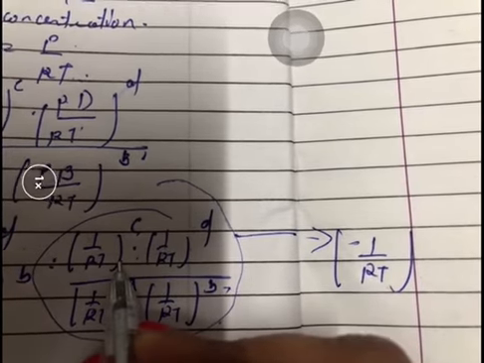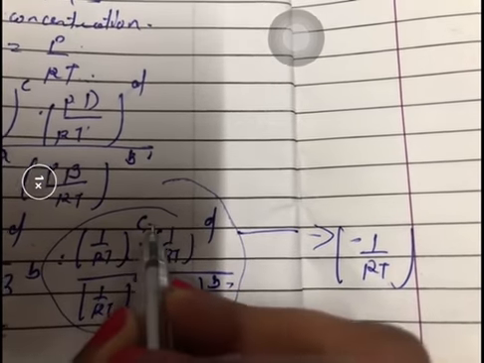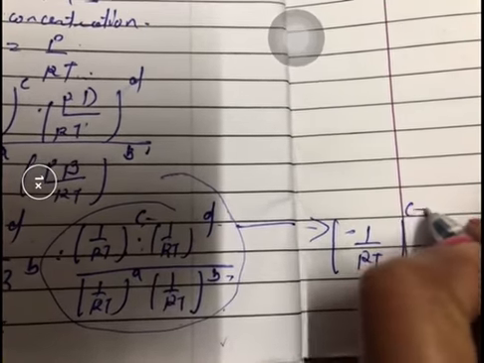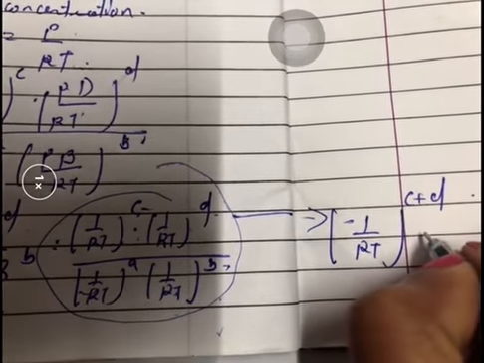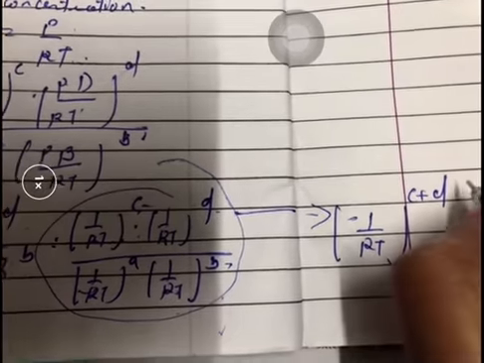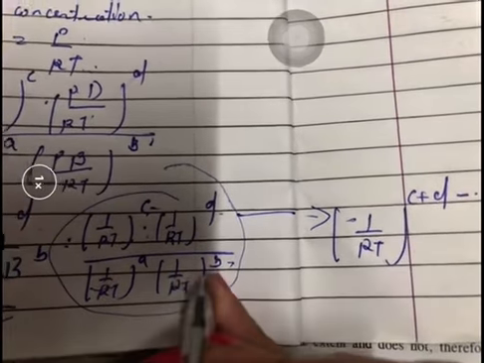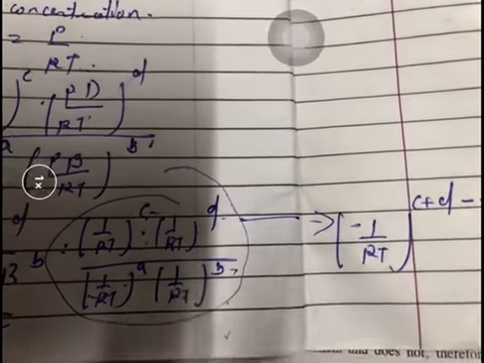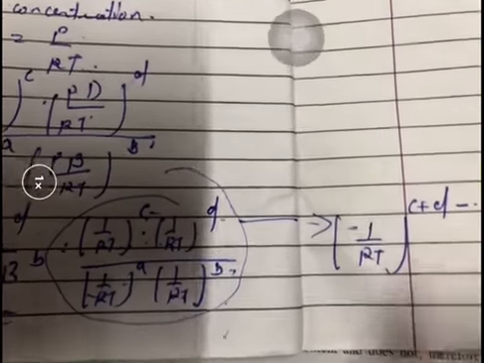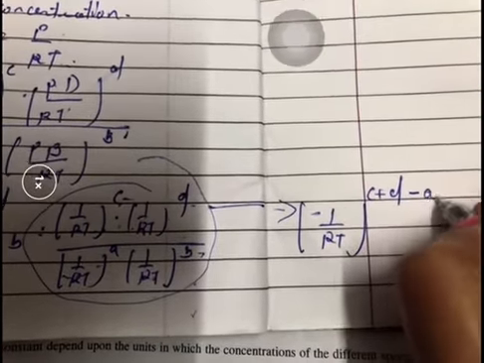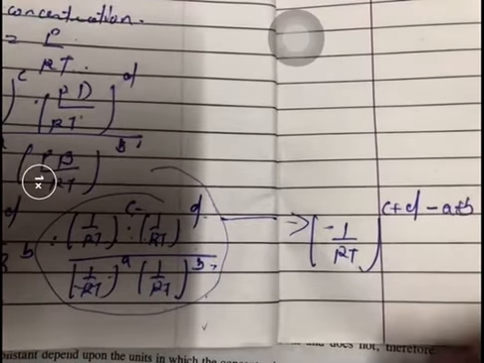For same terms in multiplication, I have to do addition, c plus d, and for division we have to do subtraction. These both will be added and subtracted from the numerator containing terms, minus a plus b. Clear?